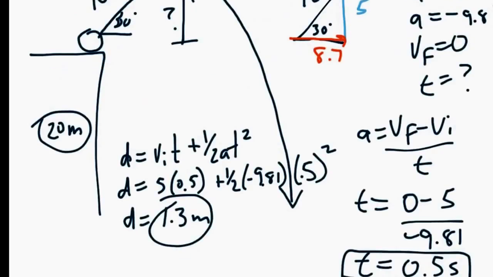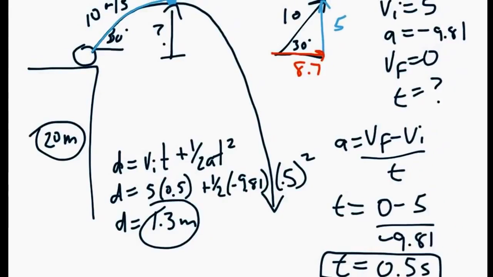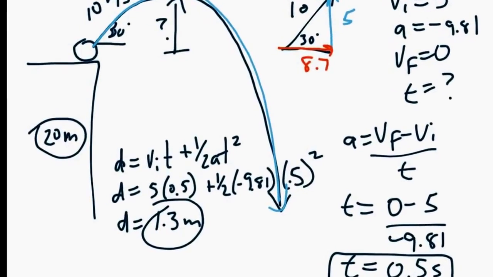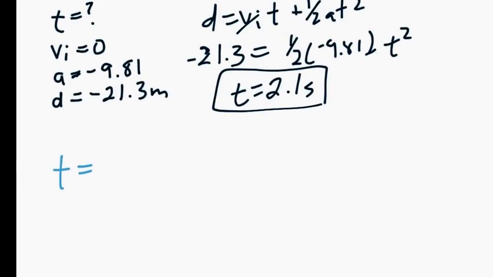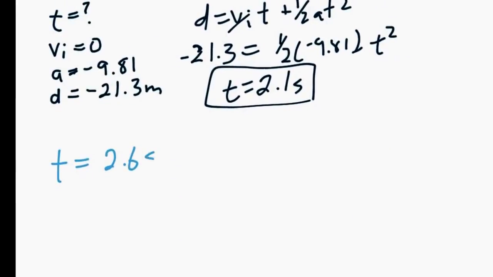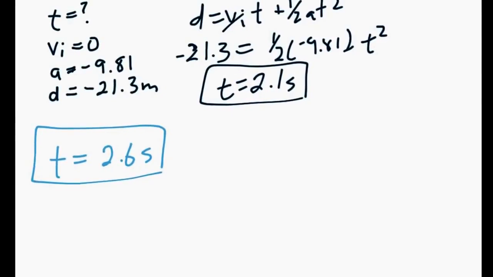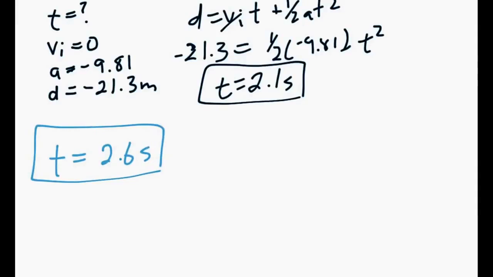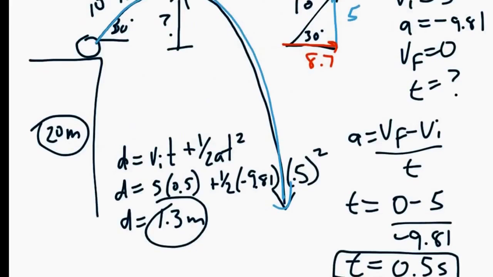So if we go back to our diagram, we figured out 1.3 seconds to go from start to the peak, and now we just calculated 2.1 seconds from the peak to the ground. So our total time then is those two added together, so we'd actually have 2.6 seconds for the total trip. So we know our total time, we figured out our total distance vertically. The only thing left to do would be possibly to figure out how far horizontally did the ball go.